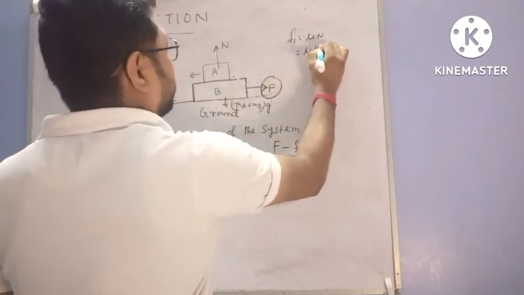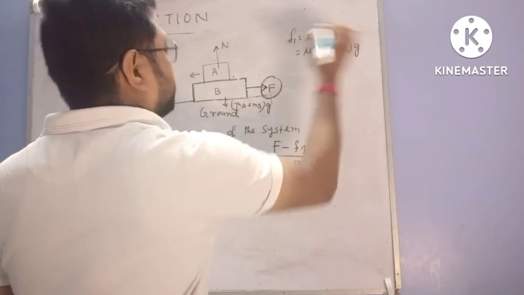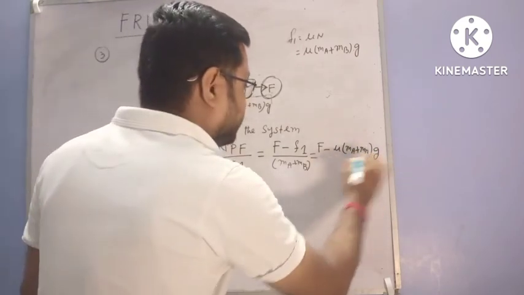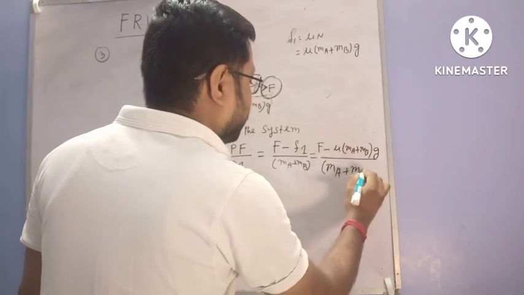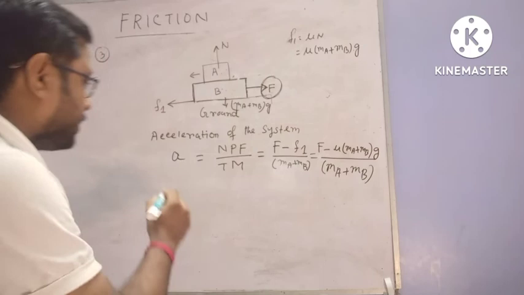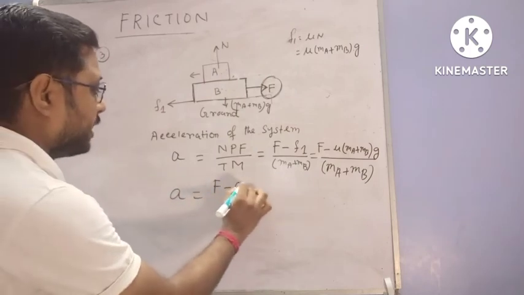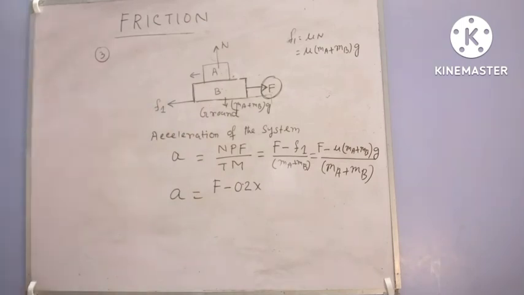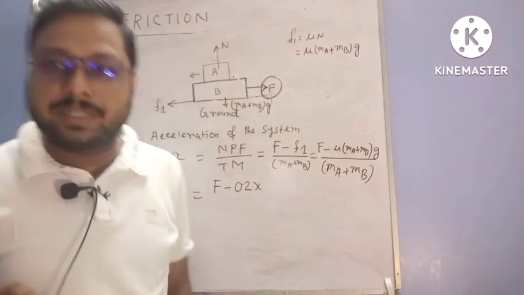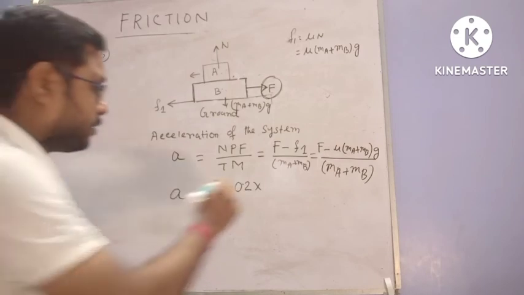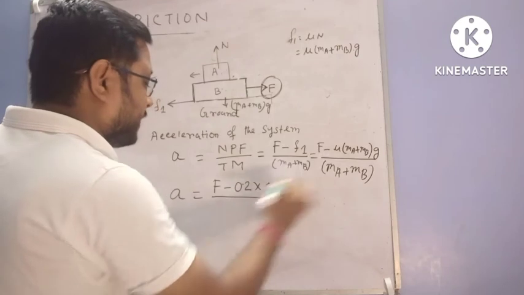That is F1 equal to mu into (mass of A plus mass of B) into g. So a is equal to F minus mu (Ma plus Mb) g divided by mass of A plus mass of B. Therefore a is equal to F minus 0.2 into (mass of A 1 kg, mass of B 3 kg, sorry 3 plus 1, that is 4) into g, given 10, that is 4 into 10, divided by 3 plus 1, that is 4.